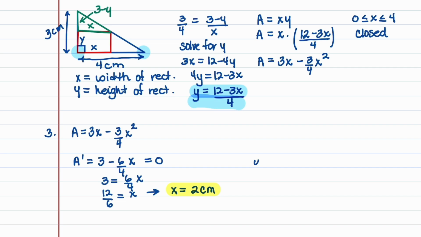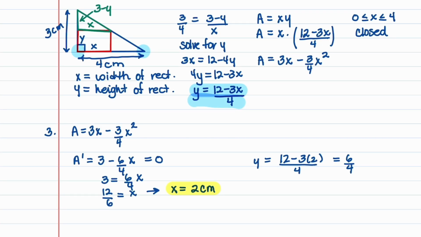So y is 12 minus 3 times 2, all divided by 4. This is 12 minus 6, which is 6 divided by 4. We can say then that y is equal to 3/2, or 1.5 centimeters.